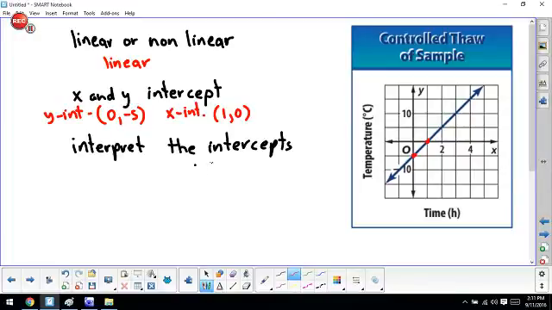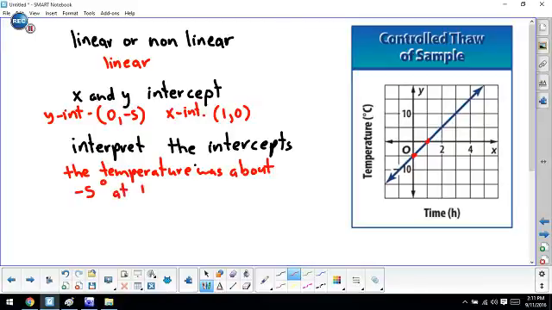All right, so for us, we know that since the y-intercept is at -5, that means the temperature, let's write this out, the temperature was about -5 degrees at the beginning.